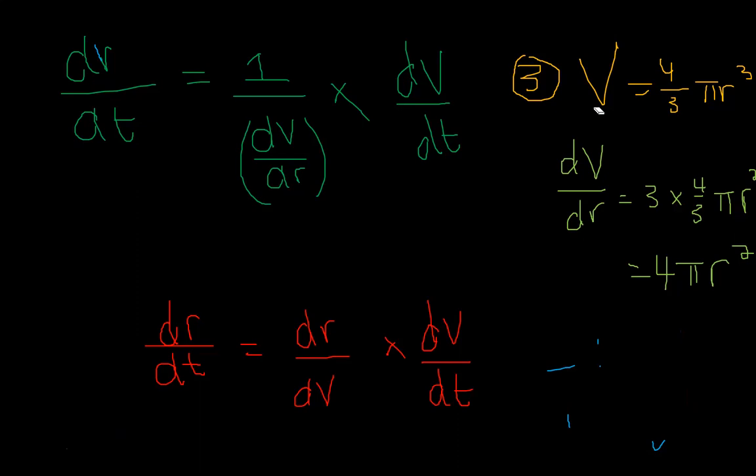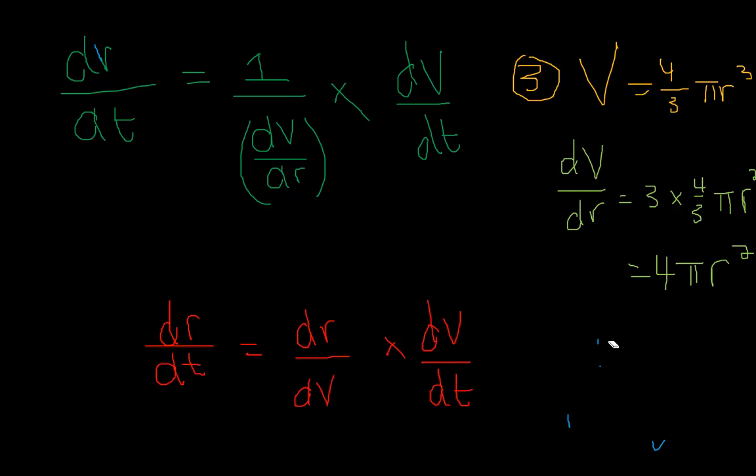I just found, using the formula for the volume, dV on dr. But according to this equation right here, in order to find dr on dt, I need dr on dV and dV on dt. I have this. They gave me this. They said it was 200. I don't have this. I actually have dV on dr instead of dr on dV.